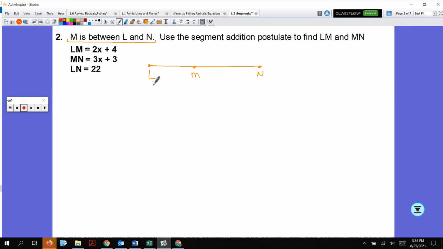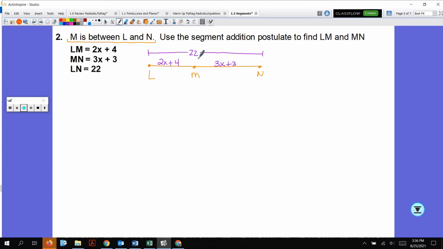We're going to use segment addition postulate to find LM and MN. So LM is 2x plus 4. And MN is 3x plus 3. The entire length of LN is 22, okay?